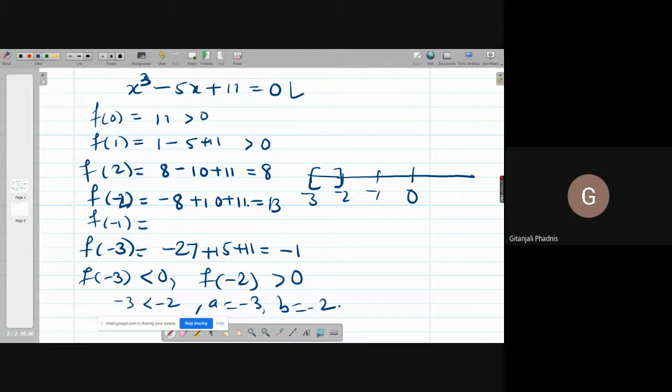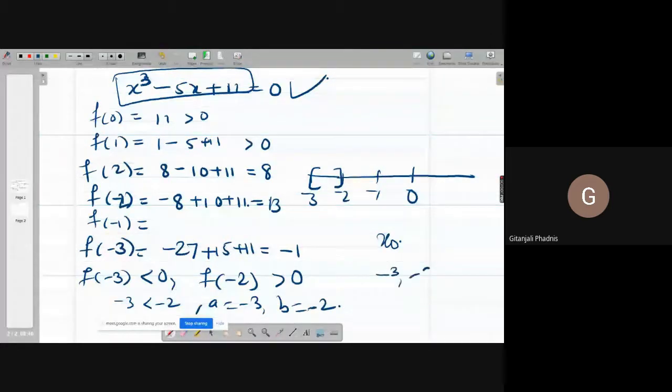But if I want to solve this problem using Newton-Raphson, I don't require A and B. What I require is an equation. Now I cannot guess the value of my root, but it is between minus 3 and minus 2. So I will take my initial approximation as minus 3 plus minus 2 upon 2, the midpoint of this interval, minus 2.5.